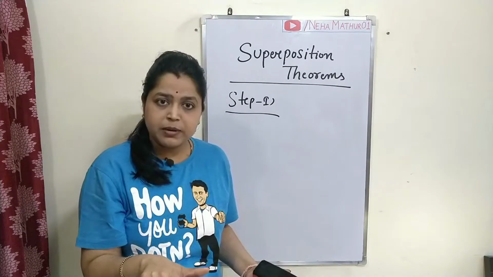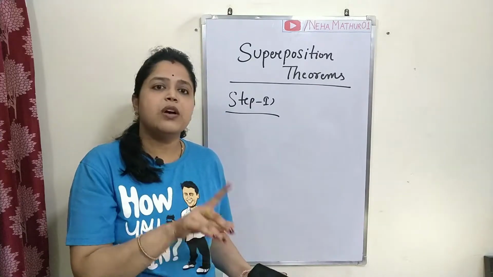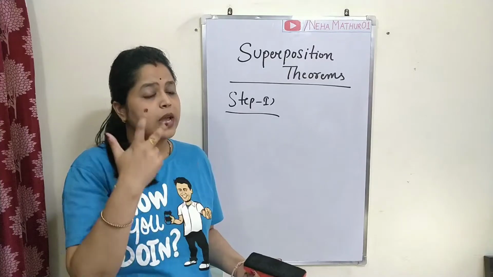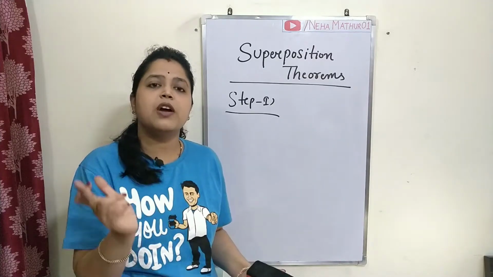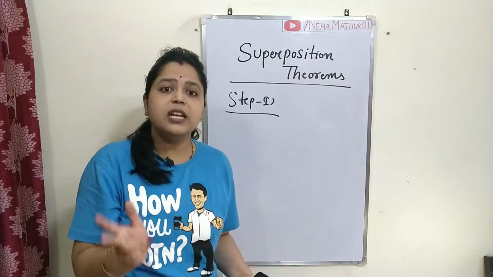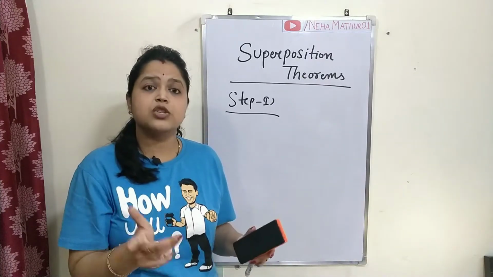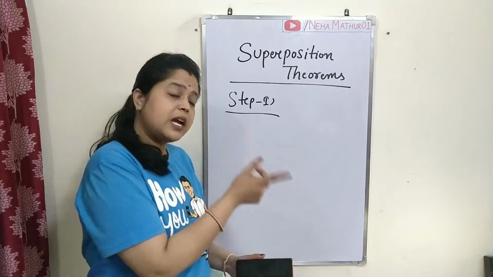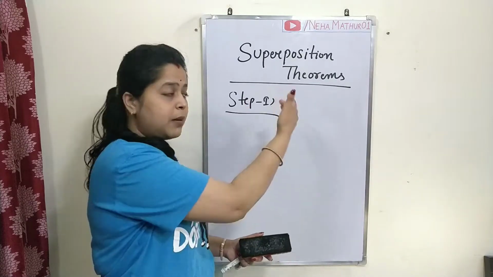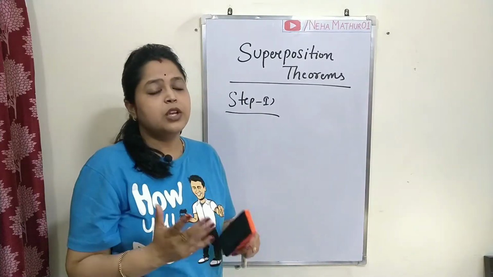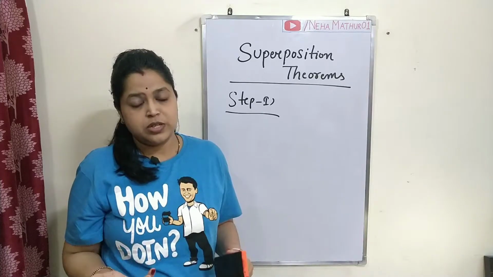How are you going to eliminate a source? If you have a voltage source and you want to eliminate it, you make it short circuit, while in the case of a current source you make it open circuit. You follow that step as many times as you have sources.